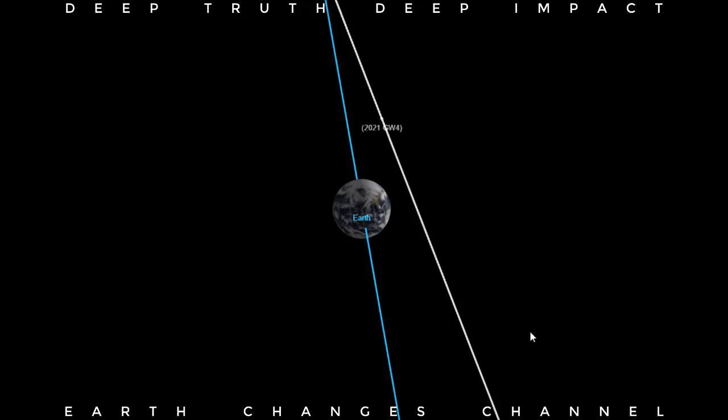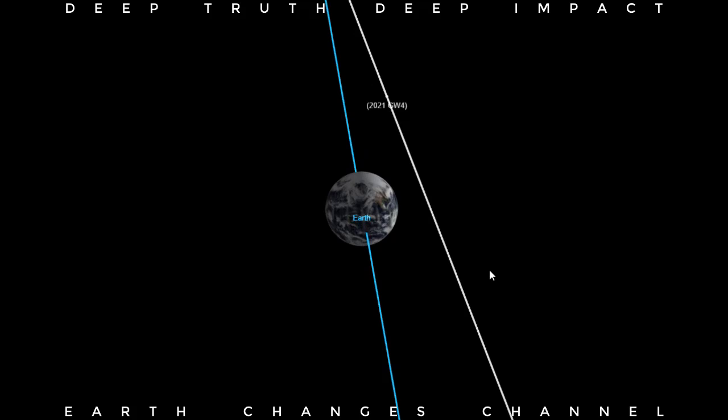The width of the Earth is almost 8,000 miles, about 7,900 miles, so half of that would be about 3,900 miles, or close to 4,000 miles. I'm talking about the width of the Earth. And this rock is coming in within 5,000 miles. So the width of the Earth would equal the width of this. That's pretty close. They have it very accurate, from what I understand.